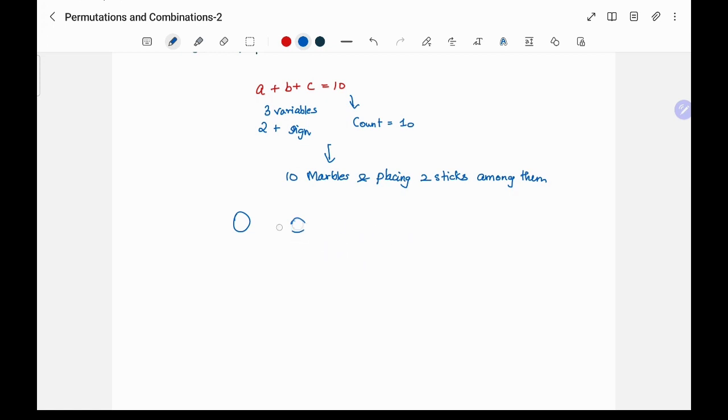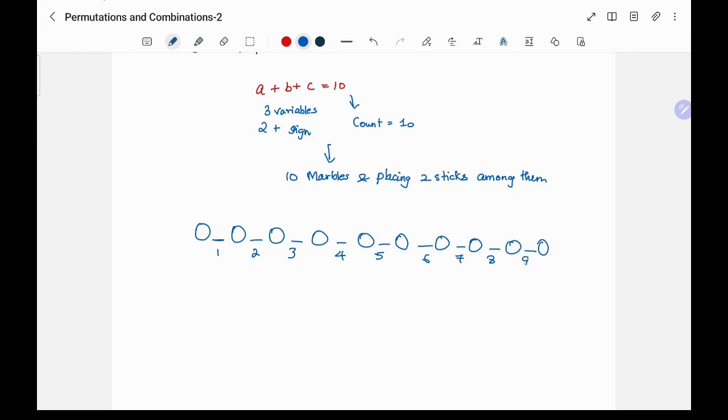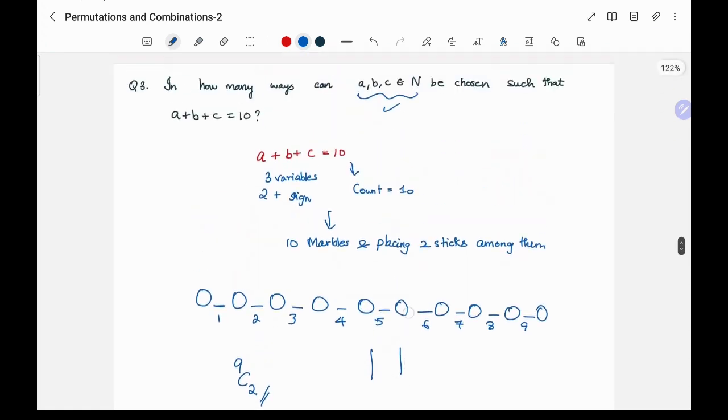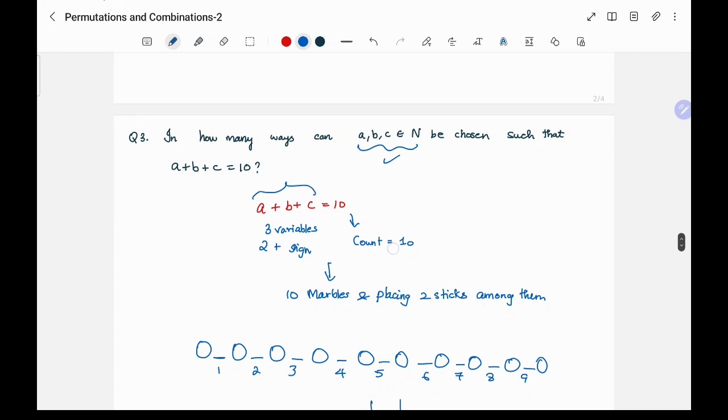Okay, now I will draw the 10 marbles. 1, 2, 3, 4, 5, 6, 7, 8, 9, 10. So how many places do I have? 1, 2, 3, 4, 5, 6, 7, 8, 9, right? So 9 places, and how many sticks? 2 sticks. So I have to choose 9 places to place the 2 sticks. So this will be the number of combinations of A, B, C, right?